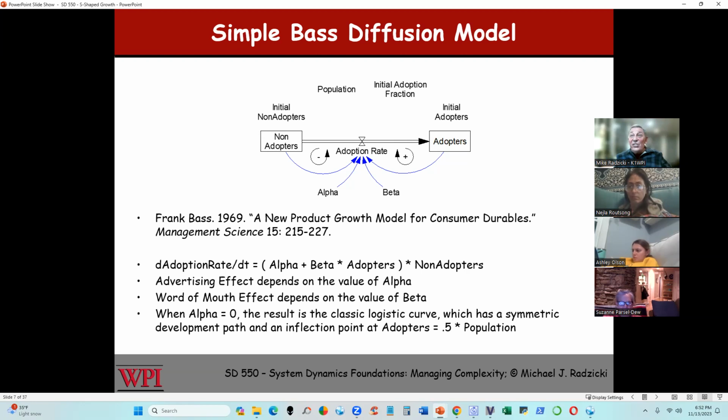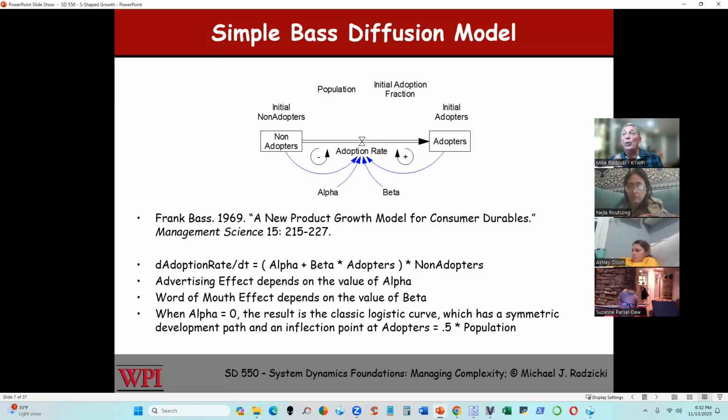So that's similar to predator and prey, Lotka-Volterra, where you're multiplying the predator stock and the prey stock together. In other words, the predator and prey have to mathematically interact to mimic the predators eating the prey. Well, here we have non-adopters and adopters. And Frank Bass said the way people adopt a product, a consumer durable, a mountain bike or something, is one of two main ways: advertising or word of mouth.